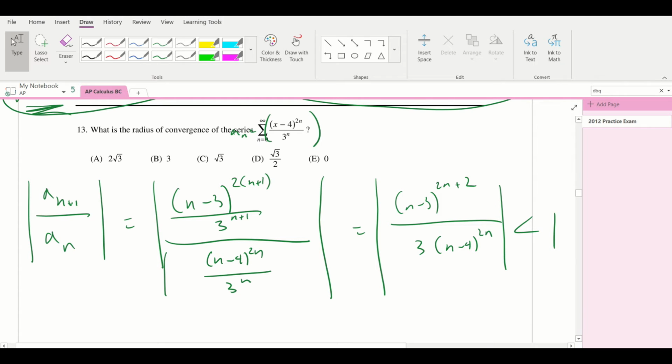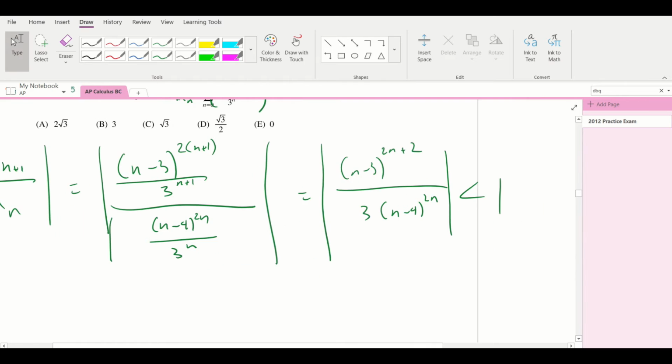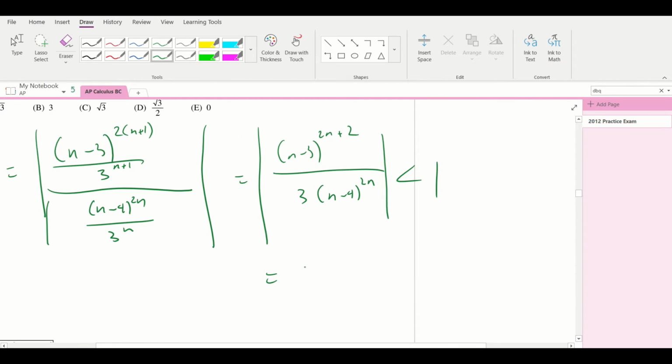I'll spend a few more minutes on this, but if I can't, like I said before, I am going to move on. We could try something like this.